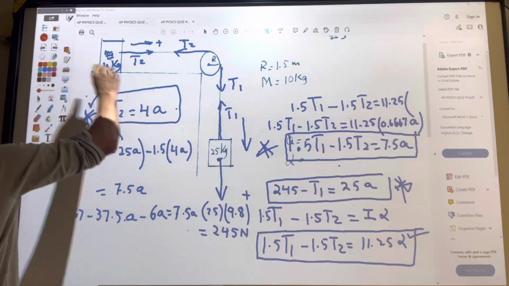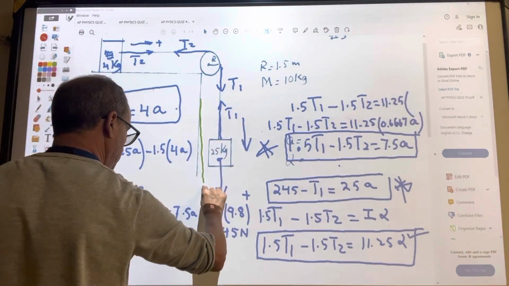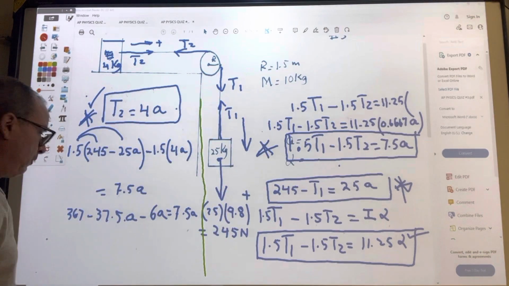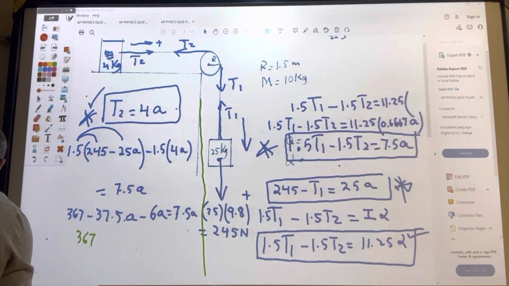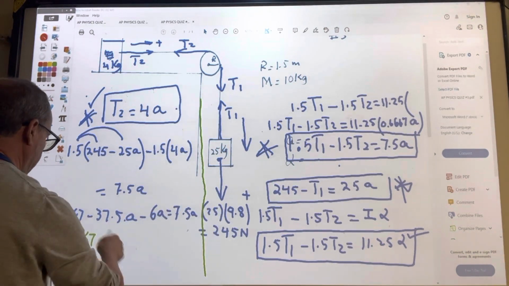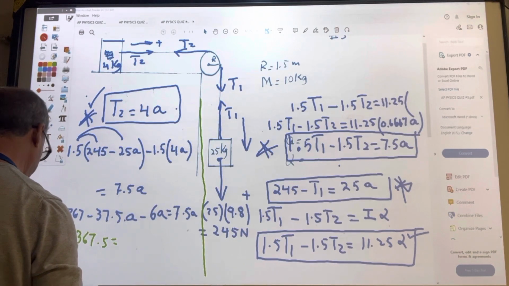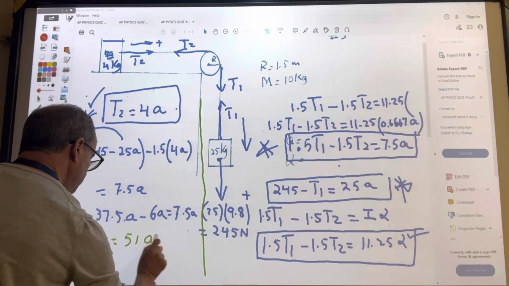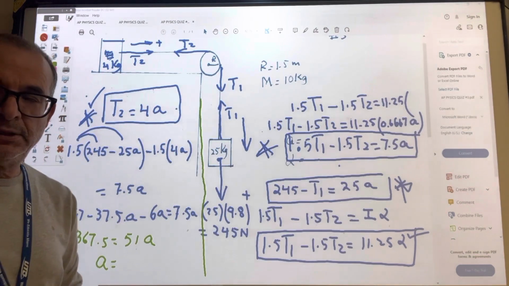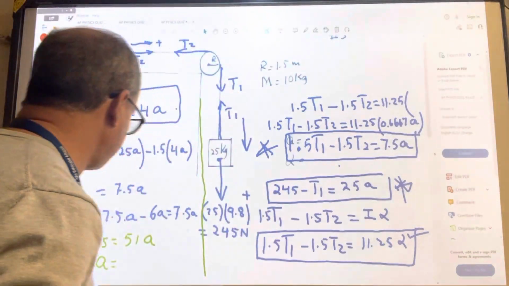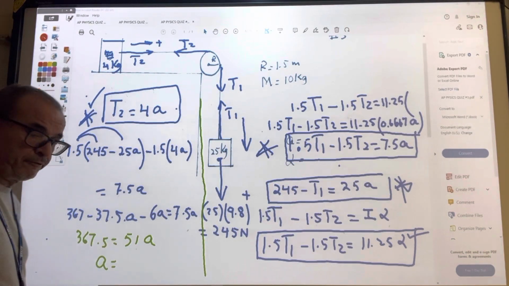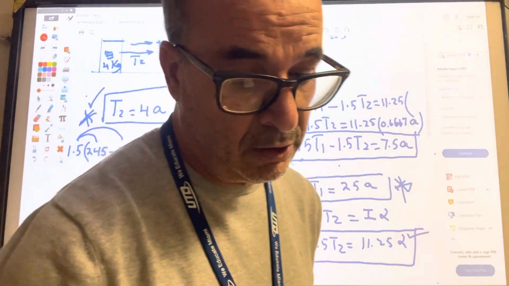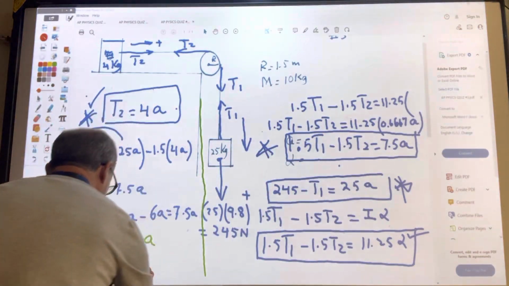All right, let me just make a separation here. Now you solve that, you're going to get 367.5. It should be equal to, when you move the minus 6A and minus 37.5A to the other side, 51A. And what do you do now? You just divide by 51, right? So A is 367.5 divided by 51, and you get an acceleration of 7.2 meters per second squared.